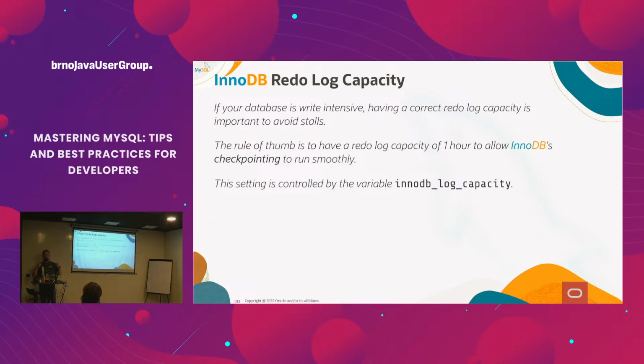InnoDB log capacity allows you to define the write capacity you have and how often you flush to disk. It's the flushing to disk that is slow, because it's a disk, and sometimes you are forced to do it, not because you chose to, and that's costly because then it freezes, it almost stops the world.